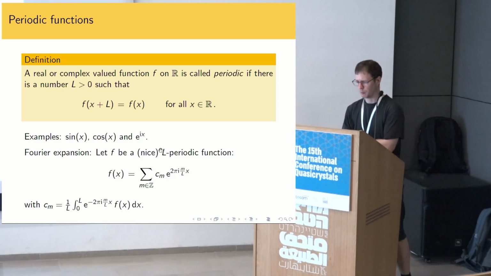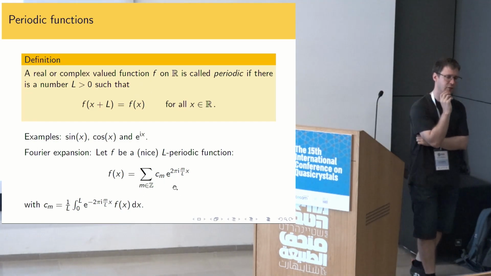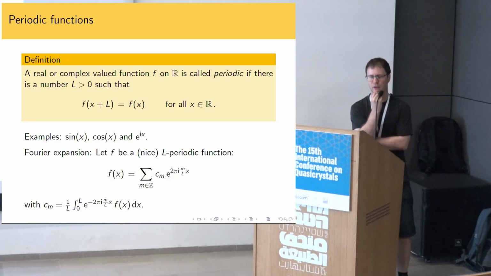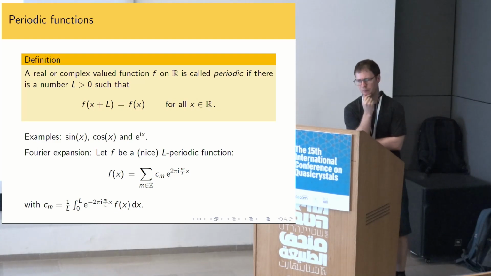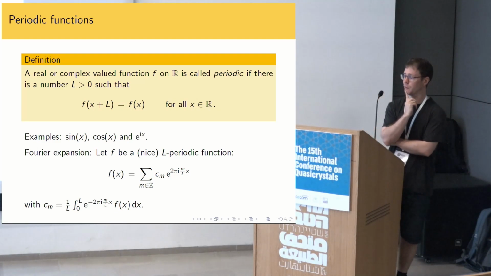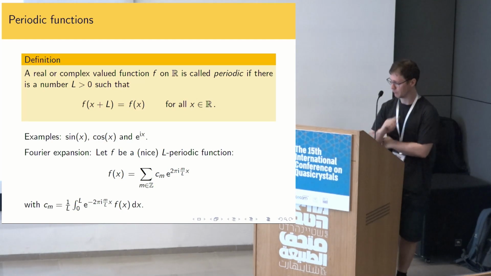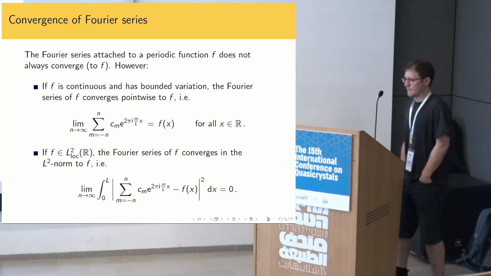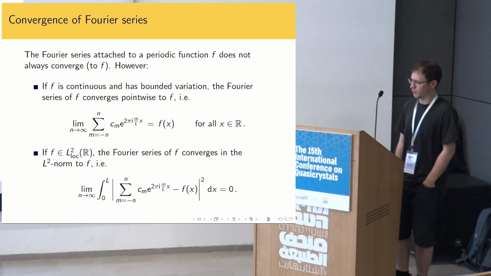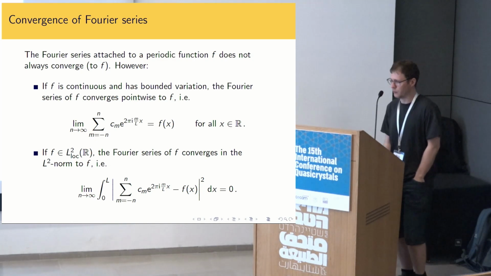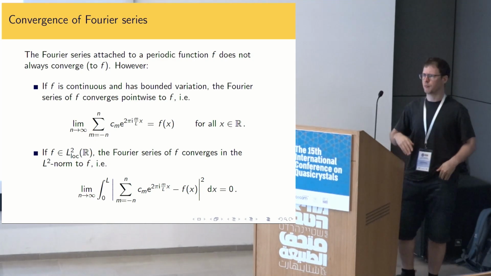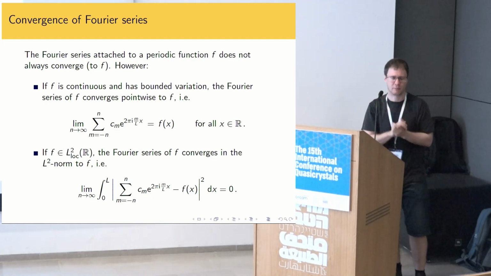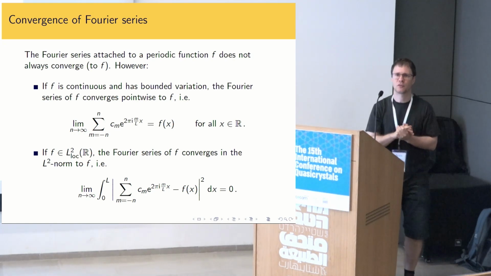Well, what we have here is a possibly infinite series. And whenever we deal with series, we need to ask ourselves, does it converge? Because not all series converge. But in many cases, for example, if the function f is continuous and has bounded variation, which just means that the function doesn't oscillate too heavily. The classic counterexample is x times sine of 1 divided by x.